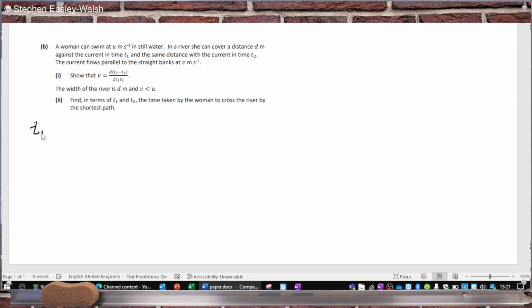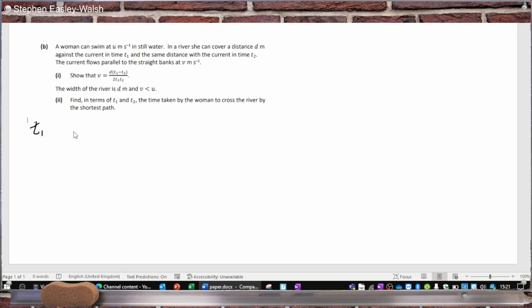So time is distance over speed. So first she swims d against the current. So that'll be u minus v. And then she can swim... Well, actually, maybe I don't want to add them together just yet because of the result.